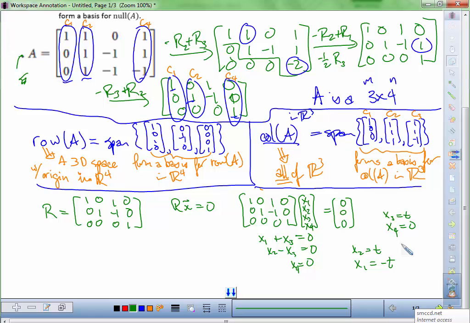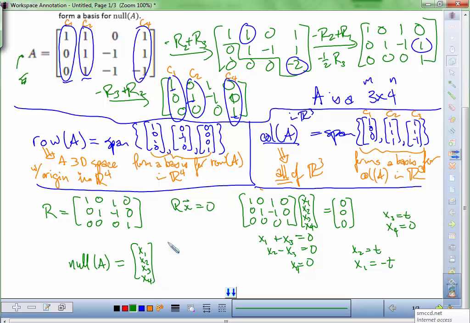So our null space is going to be, or can be described by x1, x2, x3, x4.